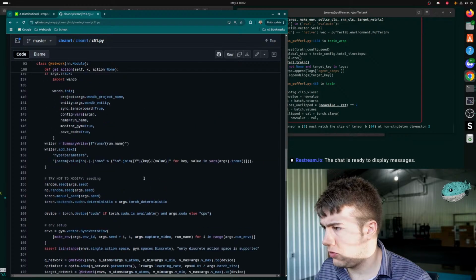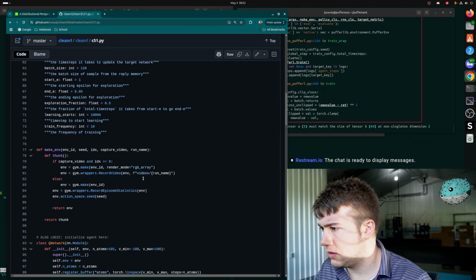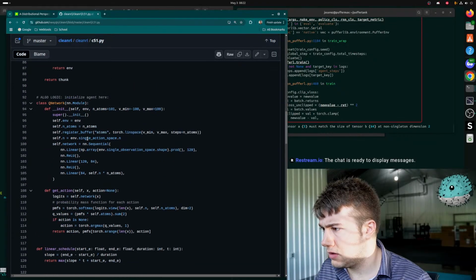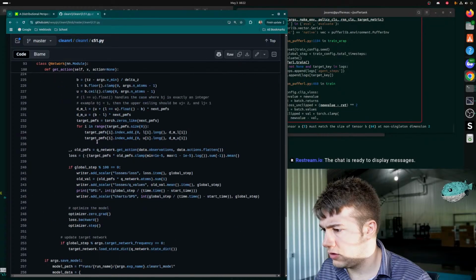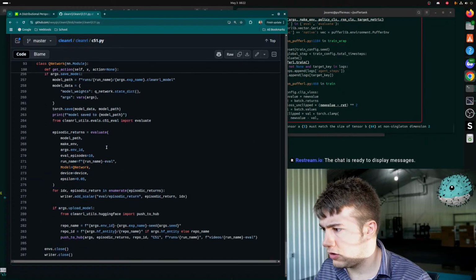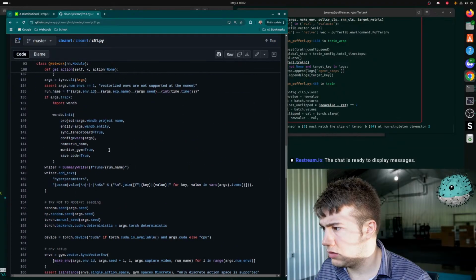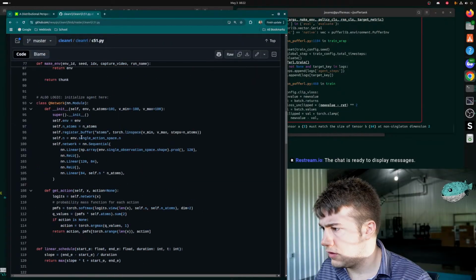Let's figure that out. I think this is the delta atoms. I don't see atoms here. Target network dot atoms. This is the only network they have.